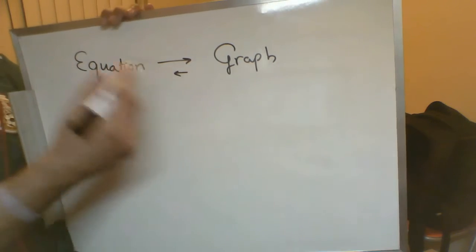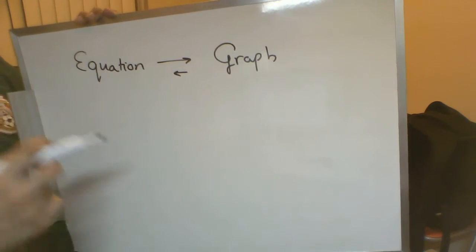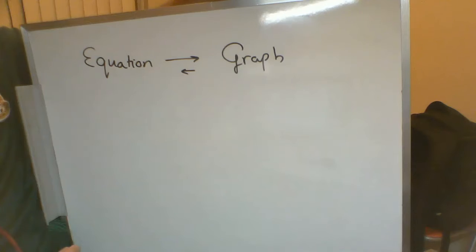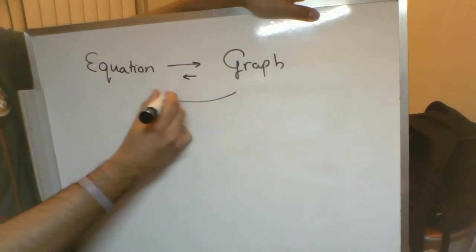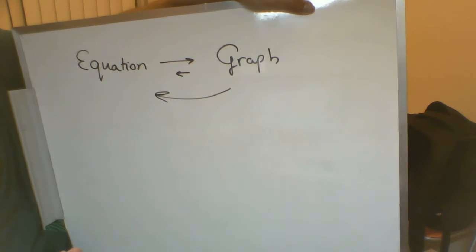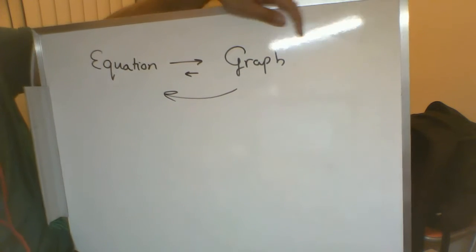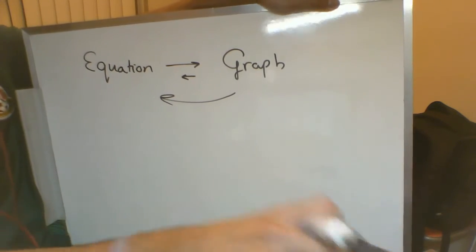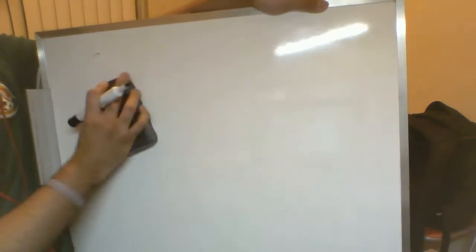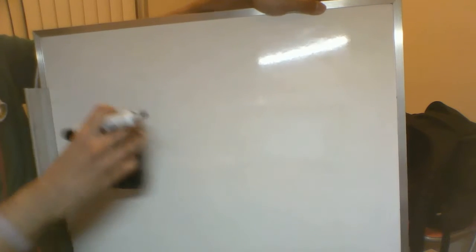So we'll find the graph based on the equation, and we'll find the equation based on the graph, and then we'll just do more practice, probably mostly emphasized in this direction because we've done less of that so far, where I give you the graph and I ask you to find the equation. But I really want to talk about negative slope before waiting too much longer, because otherwise we keep doing examples with positive slope, and then you don't really get to see what happens with zero and negative slopes.